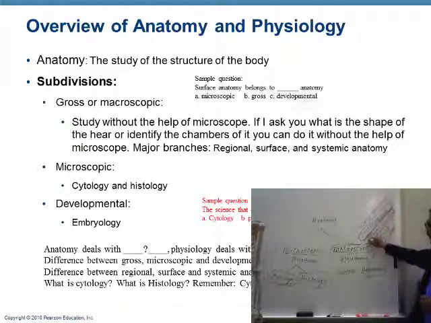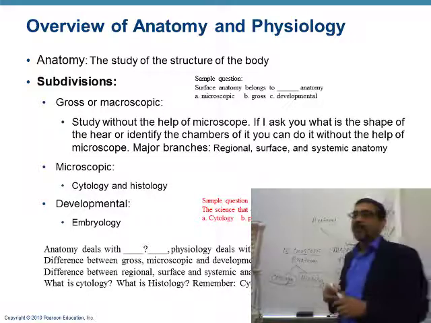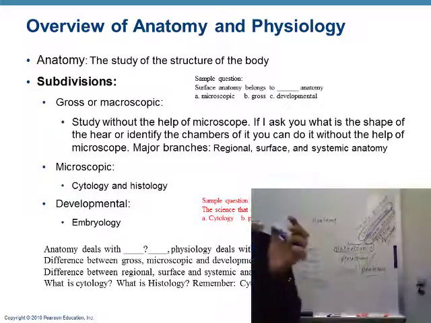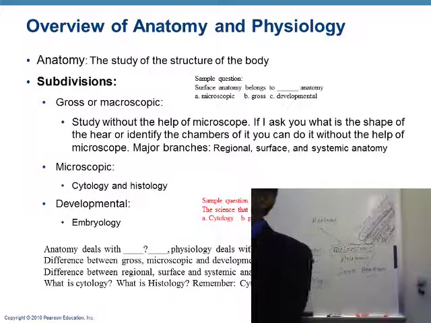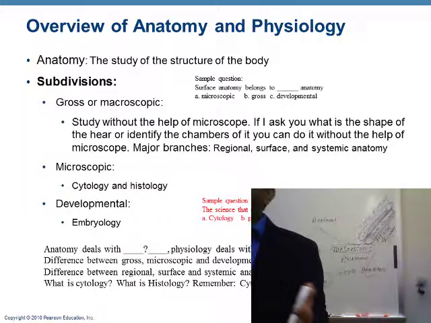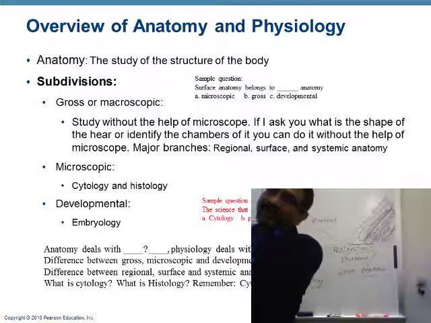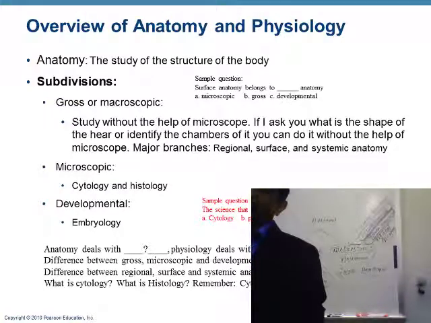System anatomy. How many systems do you have? 11. Very good. So if any anatomist decides, I will only study the brain. Make sense? So that is the part of the nervous system. You all know that, right? So that is system anatomy.